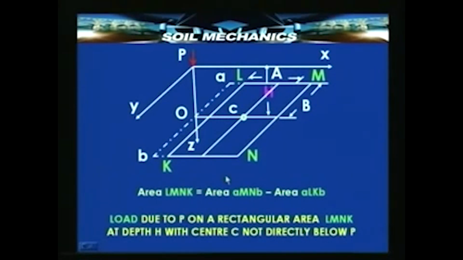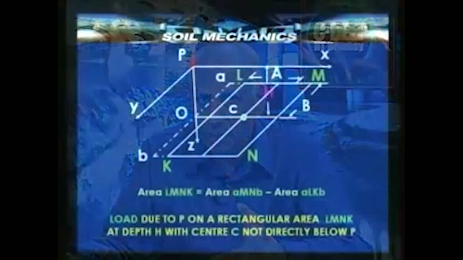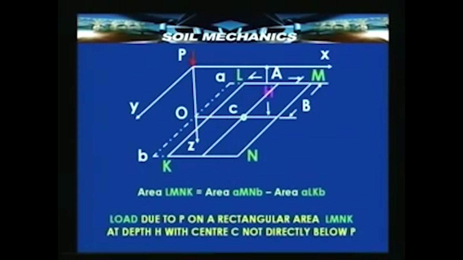See, we must remember that the formulae we have are applicable only for the corner of a rectangle. So, we must choose, or we must divide, the given rectangle in such a way that the point at which we want the stress lies at the corner of the given area.